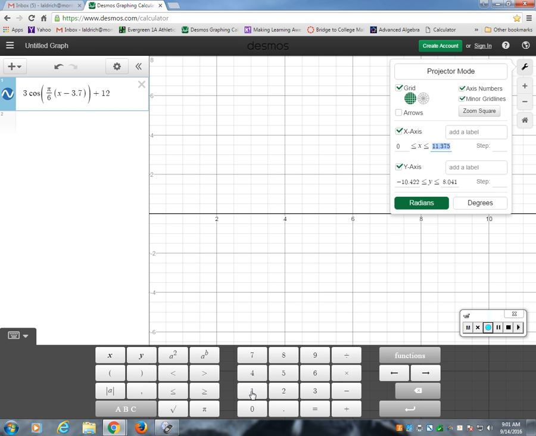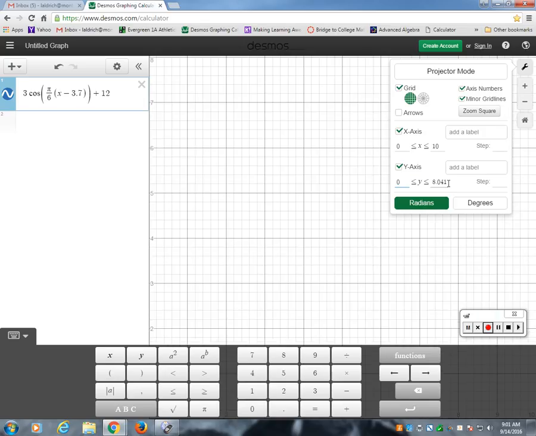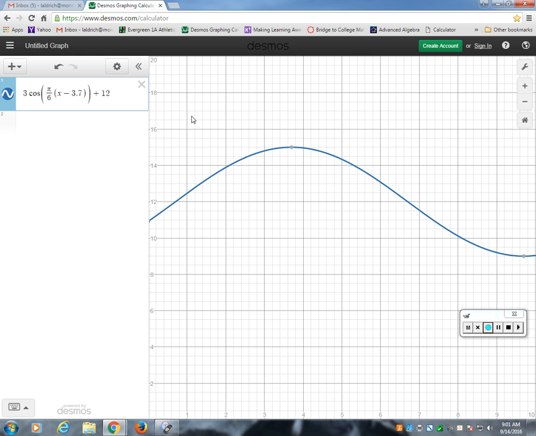Okay, so that's 10. And then on the y-axis, the lowest was 0, and the highest was 20. Okay. And there's our graph.